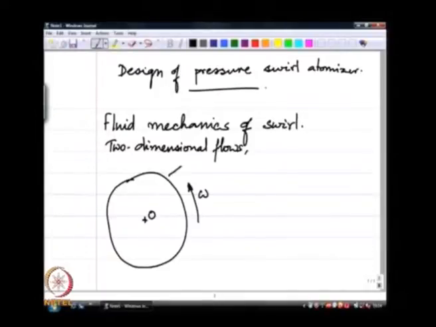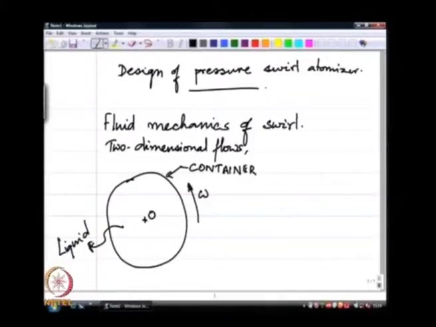So, this is a container that is spinning and it has got some liquid in it. This liquid, at least at the wall, is going to spin with the container, and towards the middle it is not going to spin. So, this is one kind of swirl.